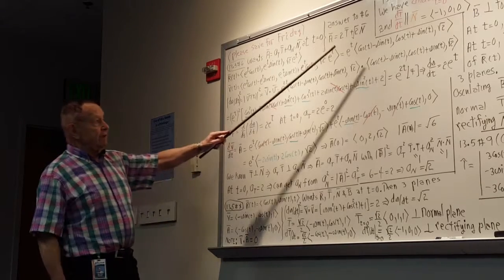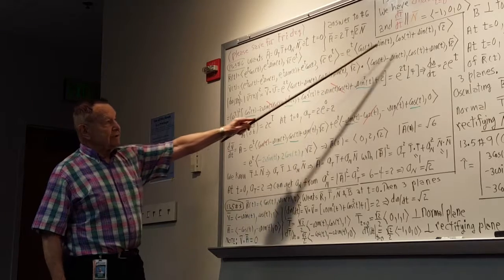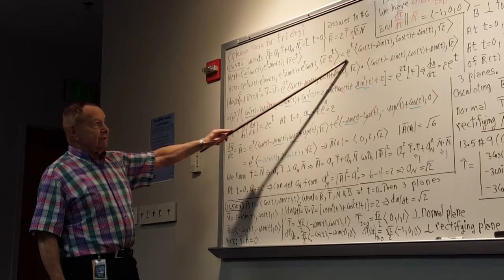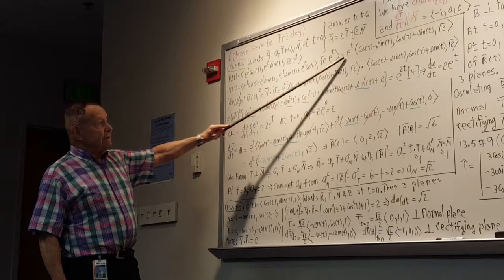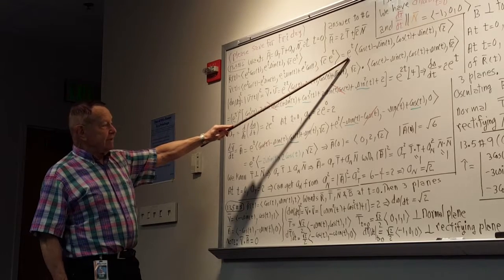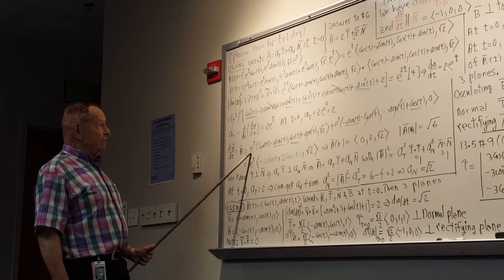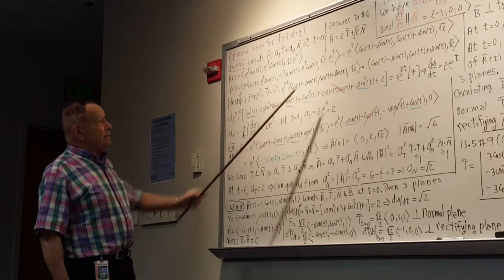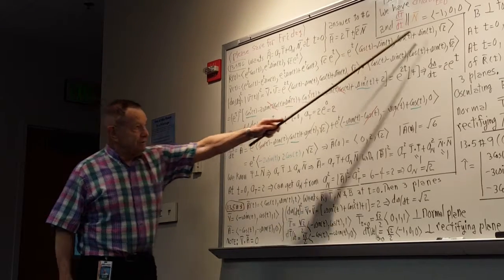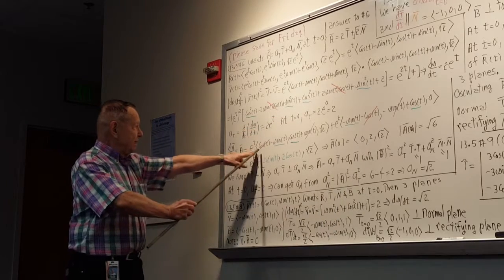So when you have a scalar function times a vector, and you're doing the derivative, you do the derivative of the scalar function, e to the t, so that's itself, and times the whole vector, which you repeat.